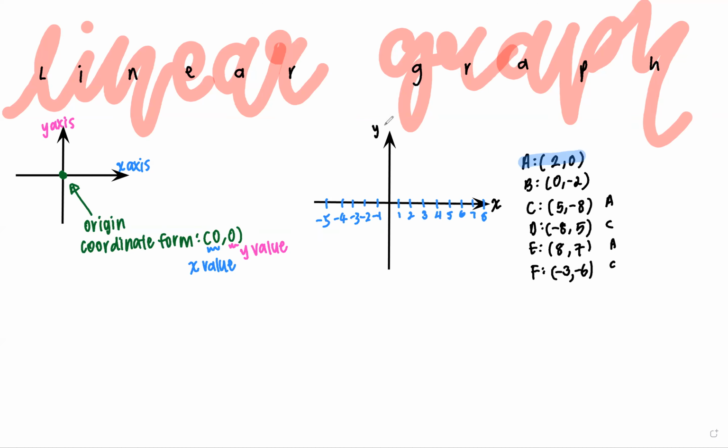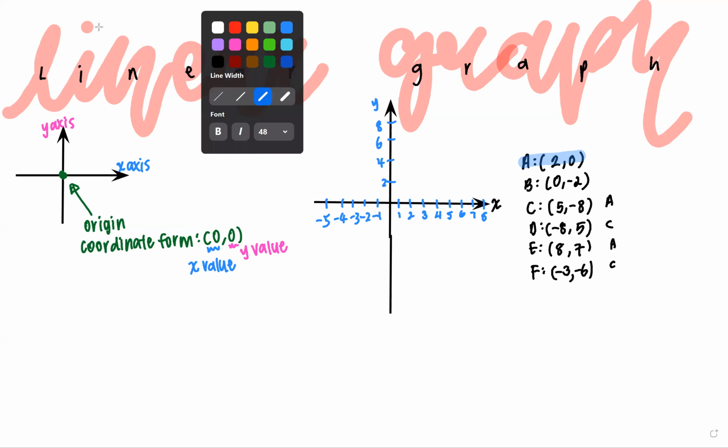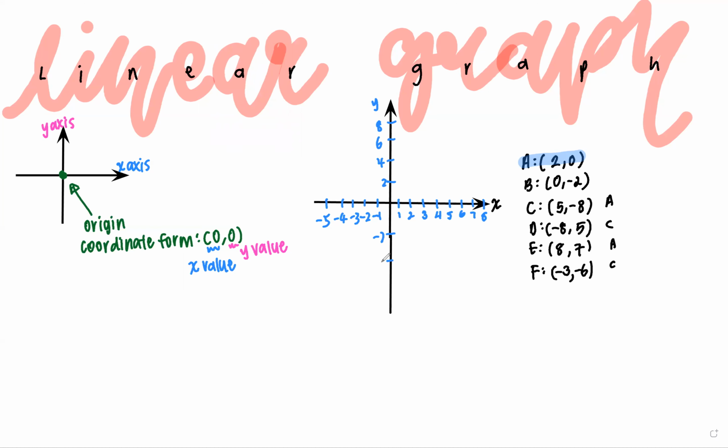Then we have 2, 4, 6, 8. Then I'll have -2, -4.